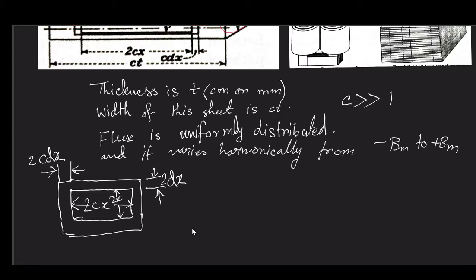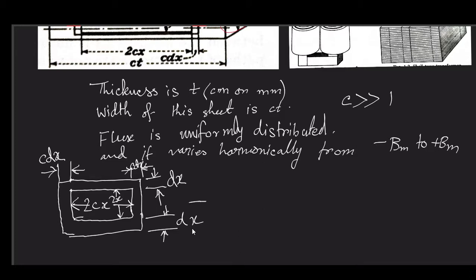It should be 2cx plus cdx, so the outer one should have 2c dx here, and here also it is dx. So now it's okay.